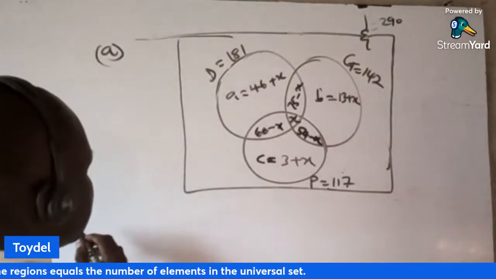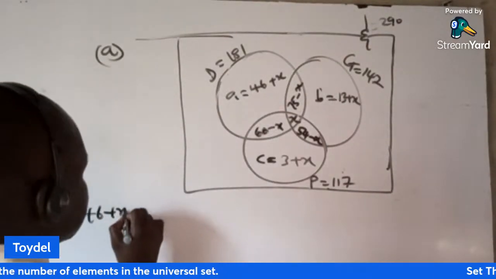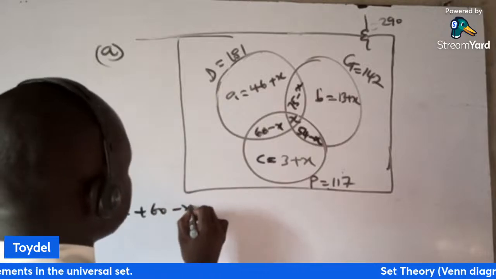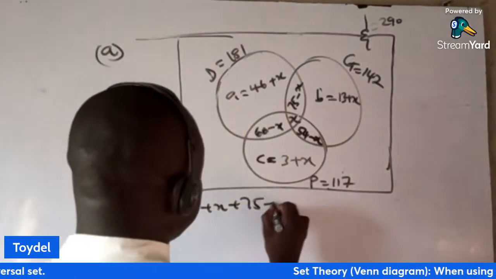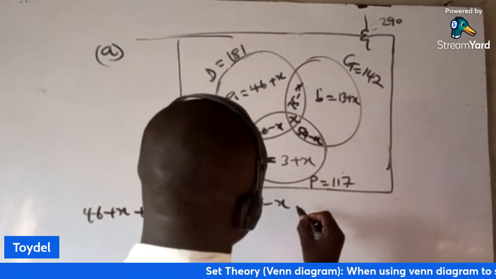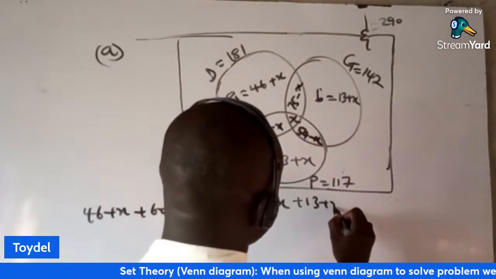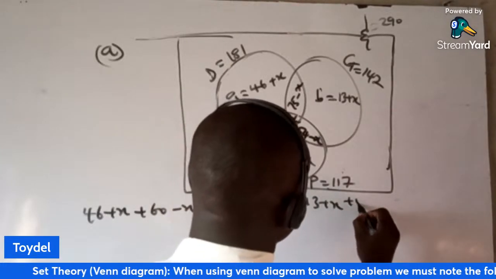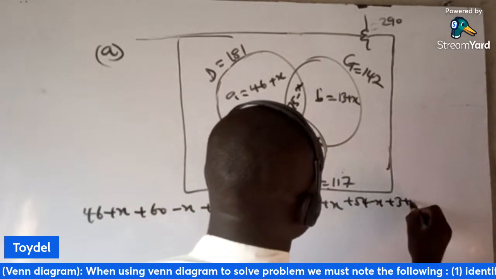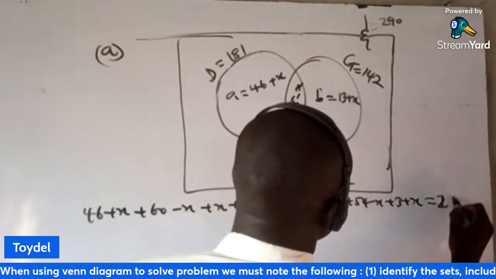So we have 46 plus x plus 60 minus x plus 75. We have to be very careful here so that there won't be repetition or omission. Plus 13 plus x plus 54 minus x plus 3 plus x is equal to 290.